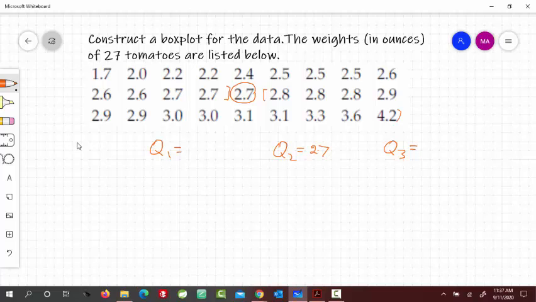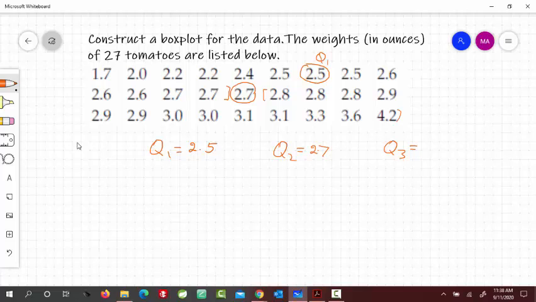You can count them: the first line has 9 values, 9, 8, 7. This would be your Q1. This is the 7th value, which splits 6 values on each side of the first half. That is 2.5.